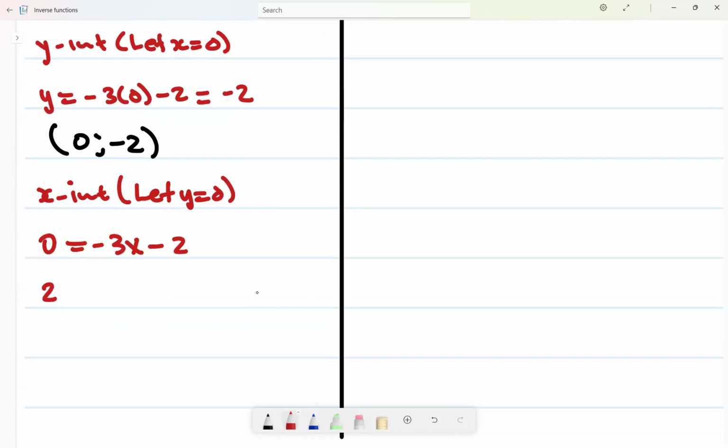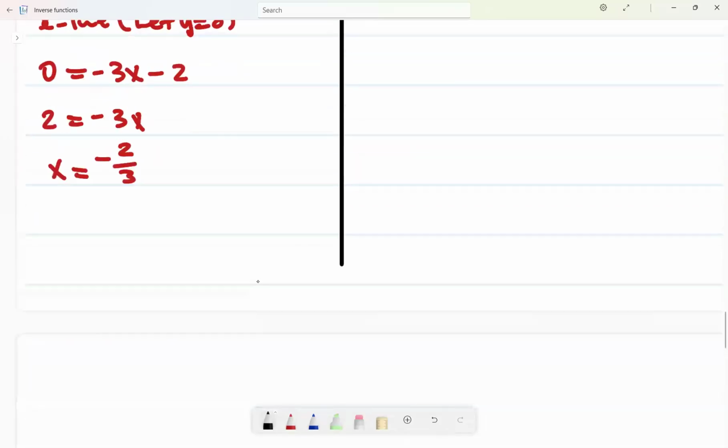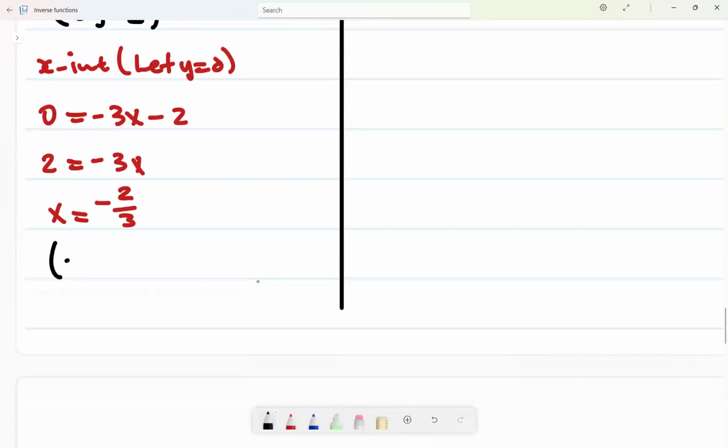When I take this 2 to the other side, it's going to be negative 3x equal to 2, and x will be 2 divided by negative 3, which is negative 2 divided by 3. In the form of coordinates, if I have negative 2 divided by 3 as x, my y is 0. Remember, this applies for all functions.